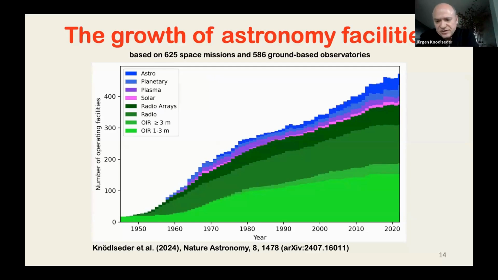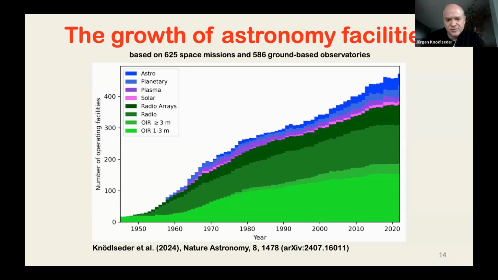So, for example, when you look at the end of the graph, you see today we have over 430 operating facilities. And of course, they are dominated by facilities on ground, optical infrared telescopes, these are OIR. Of course, there are more small telescopes than big telescopes.